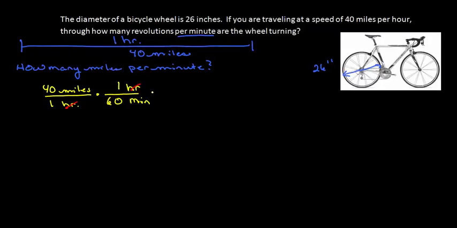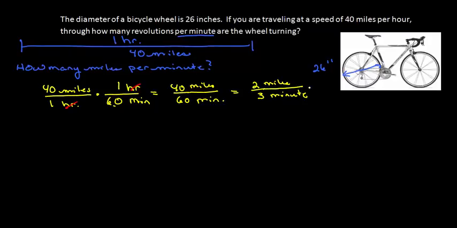So now, if I take 40 divided by 60, I'll end up with miles per minute. And this reduces to 2/3 miles every minute.